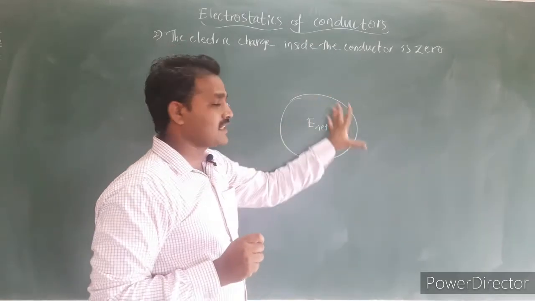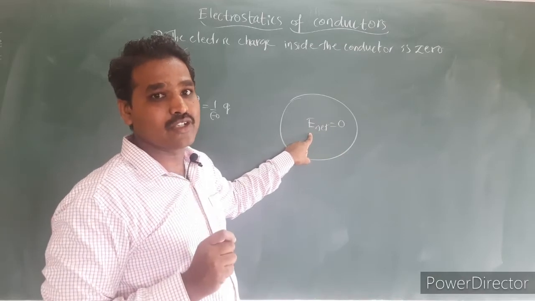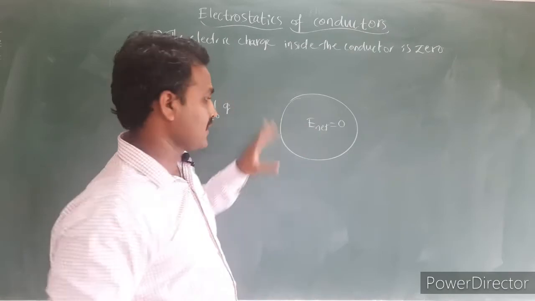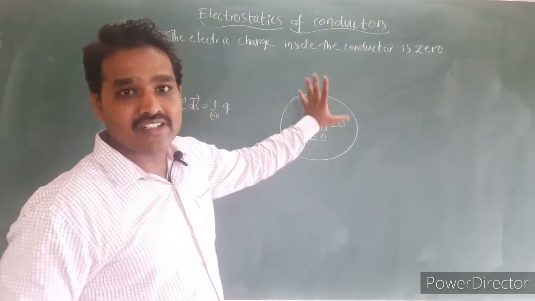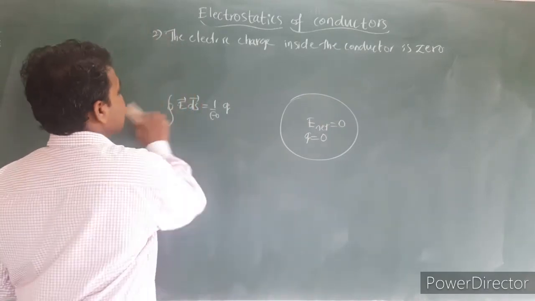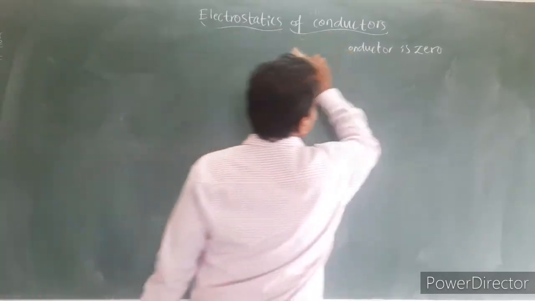All over inside the conductor, the net electric field intensity is 0. Hence, there is no charge enclosed by the Gaussian surface. We can state that the charge in the interior of the conductor is also equal to 0. This is how we can state that the electric charge inside the conductor is equal to 0.